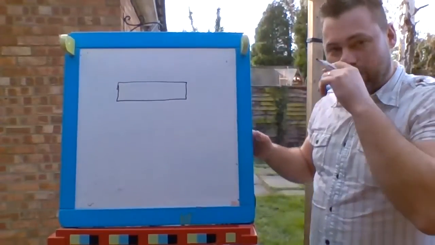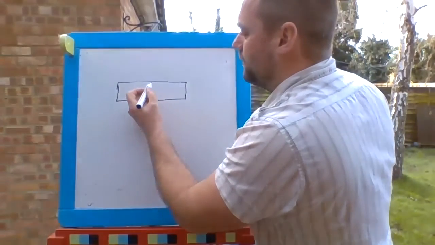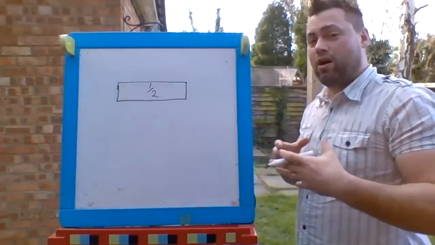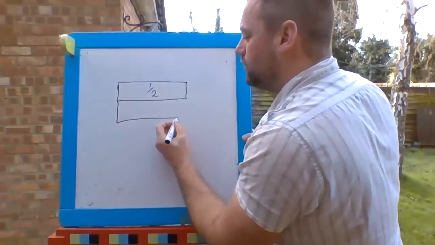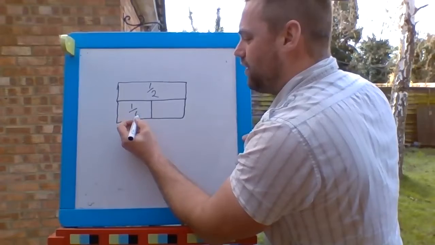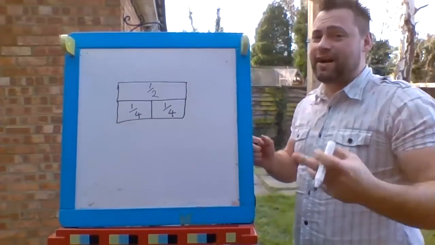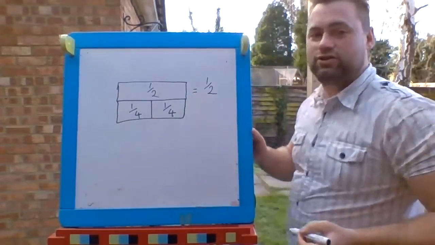Okay, and what I did, we had this bar, and we split this and we called this bar 1/2. So this bar was a half. Now underneath, I then drew two more bars, and these are what we call quarters. As a fraction, the top bar we would write as 1/2.